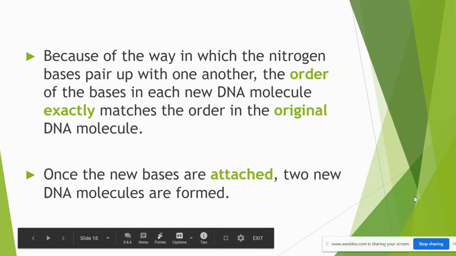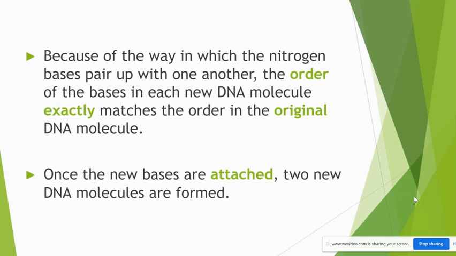And then because of how those bases pair up with each other, the order in each new DNA molecule matches the order in the original DNA molecule. So once the new bases are attached, two new DNA molecules are formed.